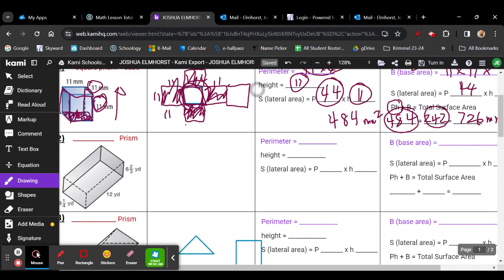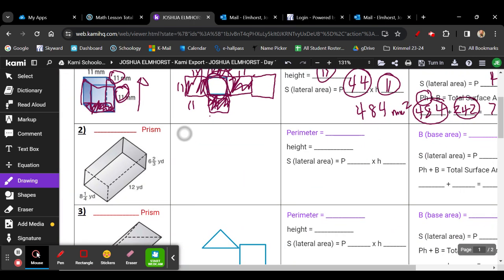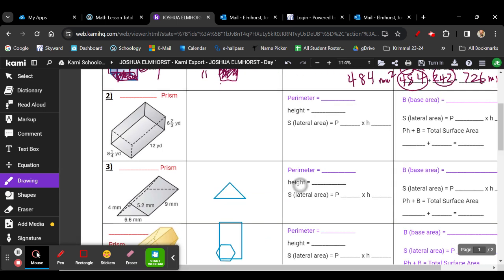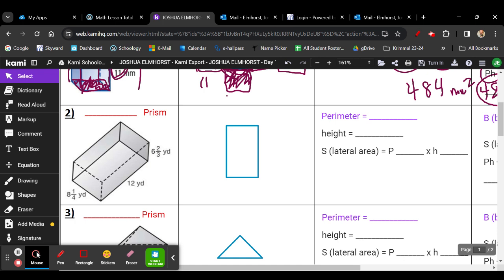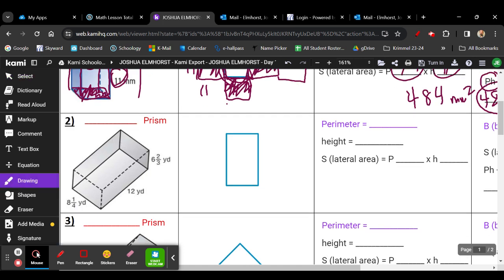So we're going to go through a few of the shapes here. Now there's different ways you can do this. Looks like this got stuck. Okay. We pick a base for the shape. Then we look for the parallel opposite side going up. So we have a rectangle, and we can label that.